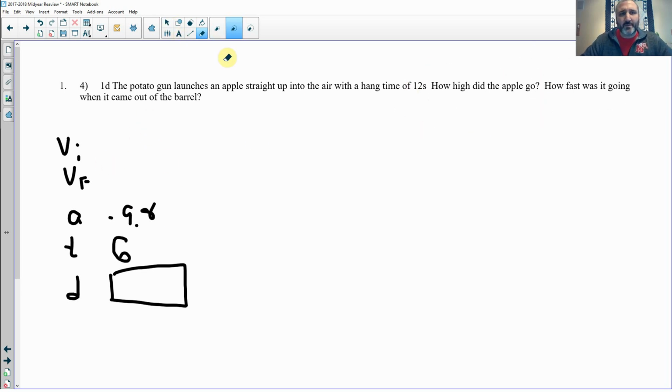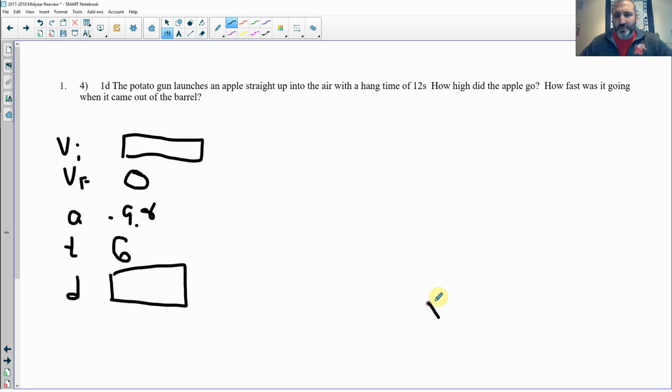We can find the initial velocity if we look at half of the trip and assume the final velocity is 0. So we shoot it up and assume it comes to a rest at the top, and that takes 6 seconds. If we can do that, then we'd know how fast we were going there, forgetting about the displacement because we'll come back to that.